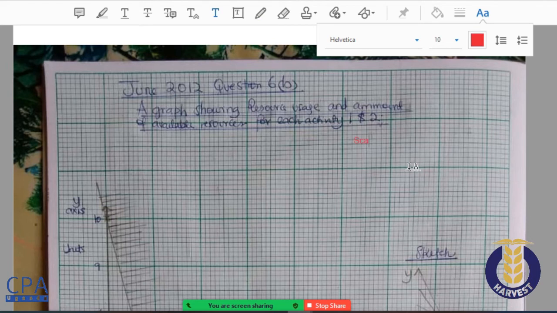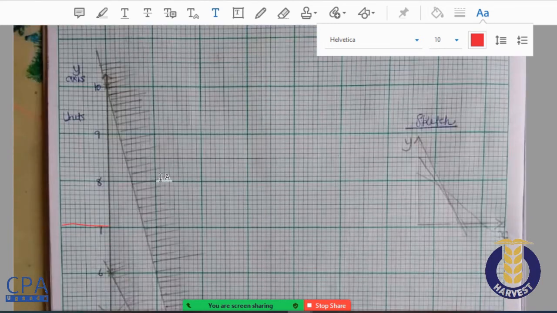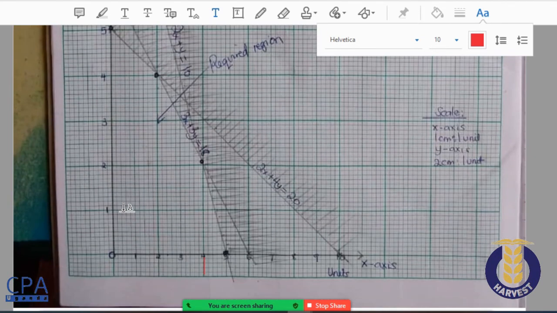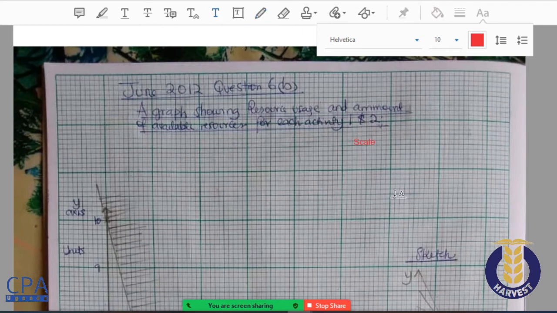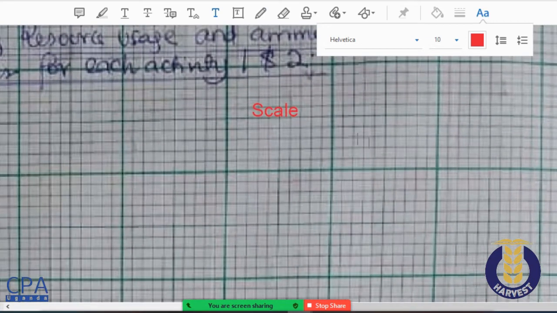I don't know that my writing is going to be visible, so let me make it bigger. You come and put your scale right here.